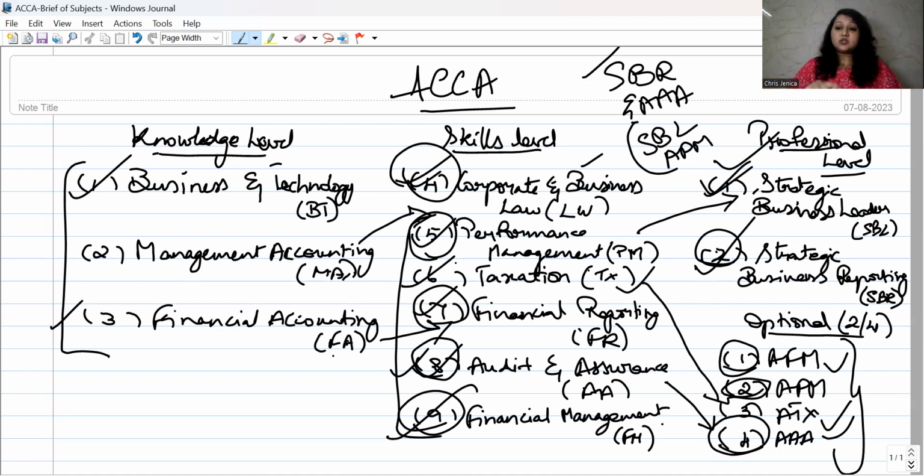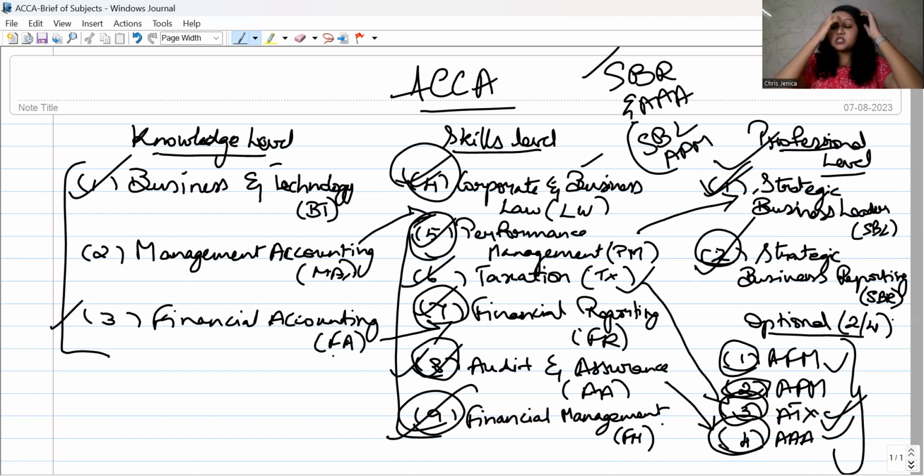So they make changes to the taxation yearly based on their Finance Act. Now we will be following Finance Act 2022. So if you have appeared for taxation as the last skills level paper, you will not have more updates. Immediately you can appear for the ATX paper with the same tax slabs and other things, and you can clear this paper in a single attempt.